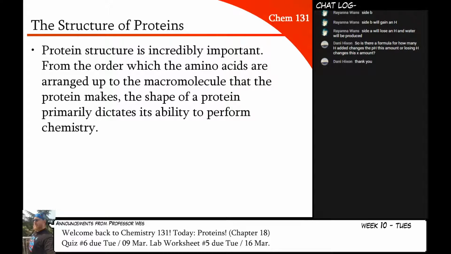All right. The order in which we put all of our proteins together will dictate the shape that the protein will eventually take. And the shape of the protein will be crucial when we talk about enzymes tomorrow. Now, the other feature about shape is that shape dictates surface area of a molecule, and the surface area is what things around the molecule interact with. For example, water.